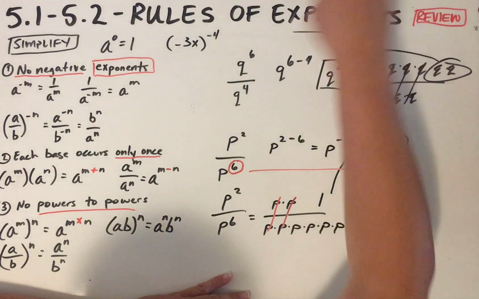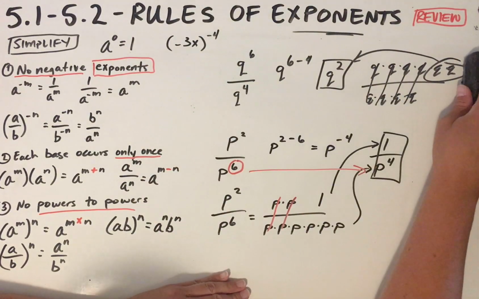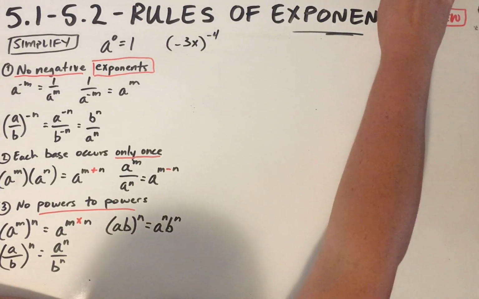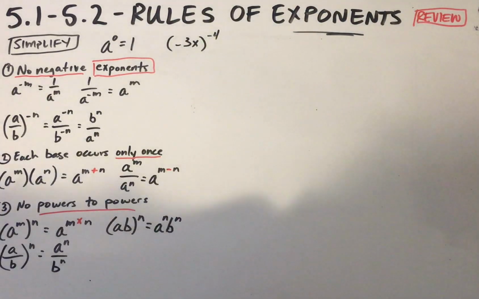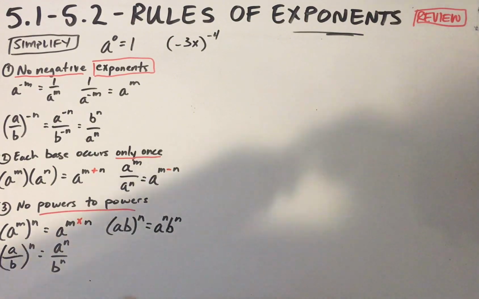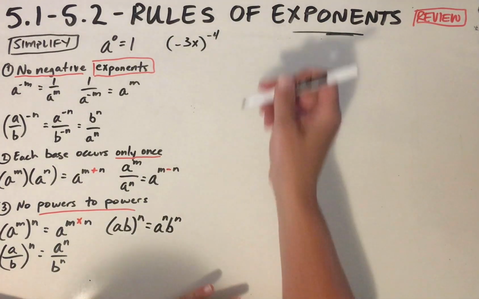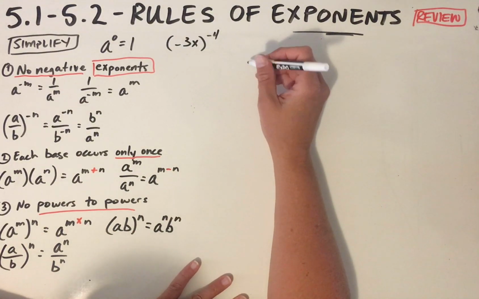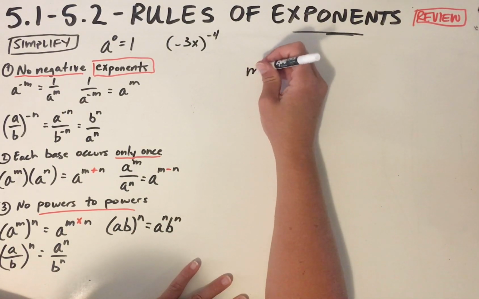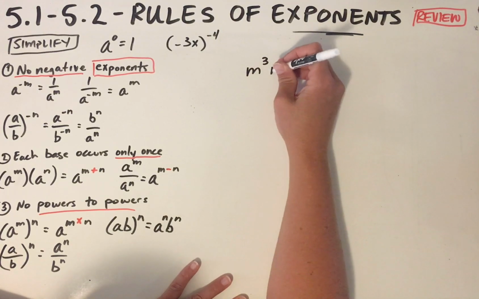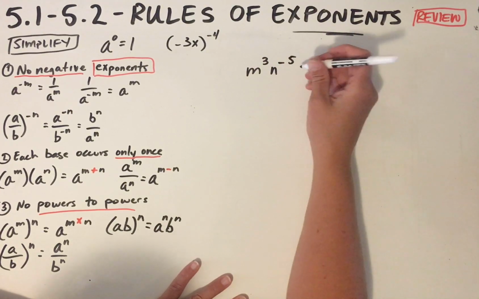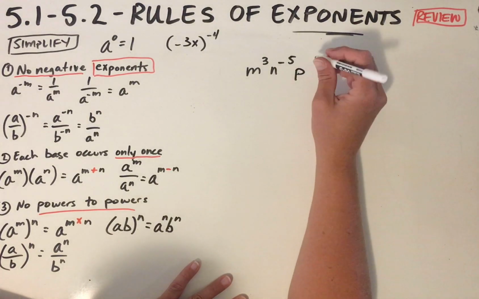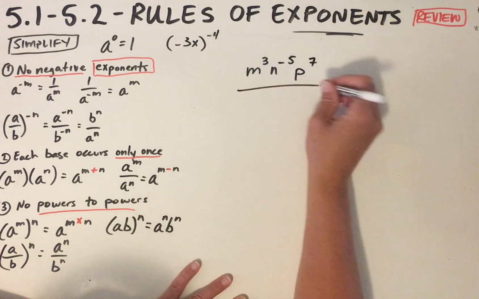So let's do a combination now of negative exponents and each base occurring only once. Let's say I've got m to the 3rd, n to the -5, and p to the 7th.